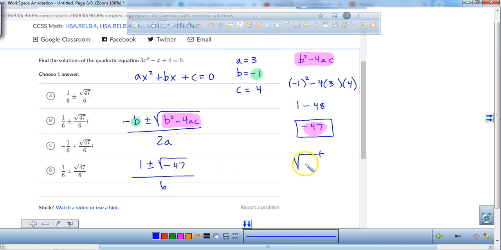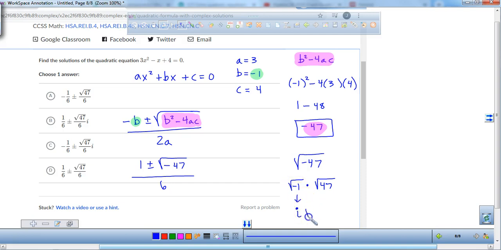Now whenever you're trying to simplify the square root of negative 47, here's what you need to understand. The square root of negative 47 breaks down into the square root of negative 1 times the square root of 47. But what we learned about imaginary numbers is the letter i, which represents an imaginary number, is represented by the square root of negative 1.